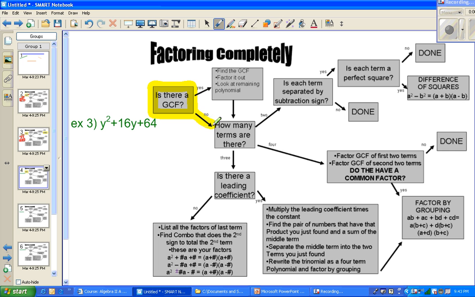And the answer to that would be no. So then you're going to ask yourself, well, how many terms are there? And in this case, we have 3. Is there a leading coefficient? By leading coefficient, we are talking about a number falling ahead of the largest degreed term. So is there a number in front of that y squared? The answer to that is no.